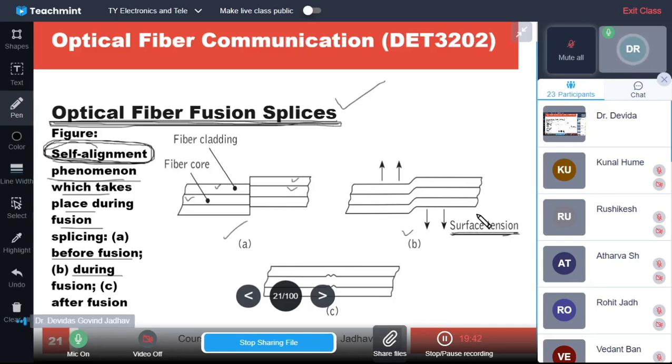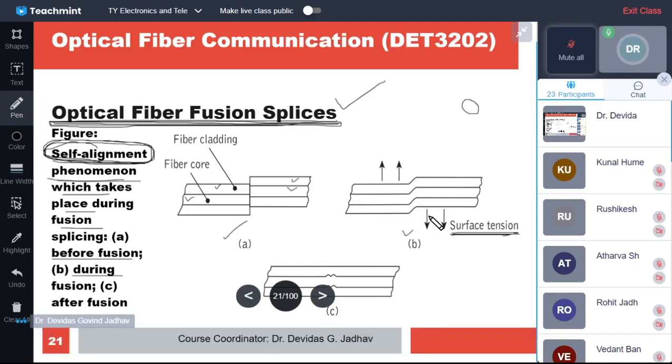The surface tension which keeps a water or any liquid bubble circular, isn't it? So surface tension also makes the alignment in the fiber by providing this type of force. The surface tension moves the misaligned fibers into the position to exactly align them.